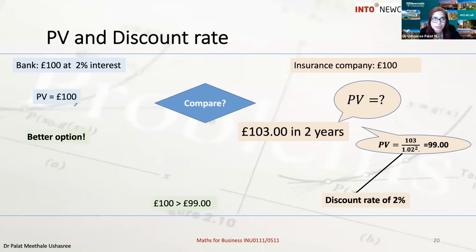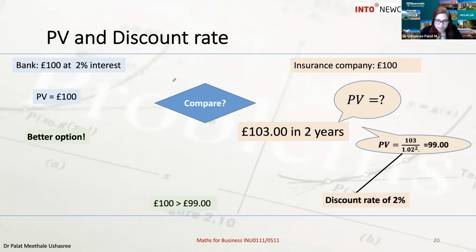Yeah, the bank's present value here is 100 pounds. So which is the better option? Naturally, this is your better option. So look at that. That is the importance of present value, time value of money. So you compare the present values and then take a decision on which one is the better option.